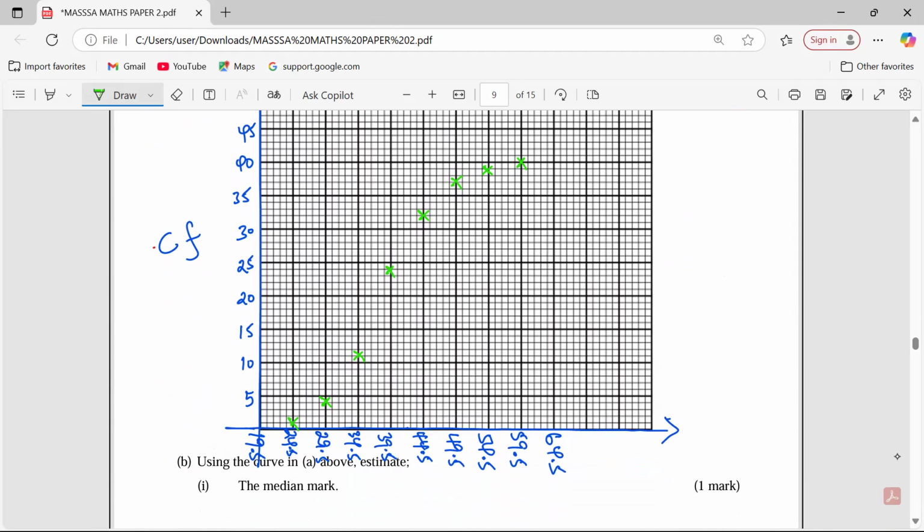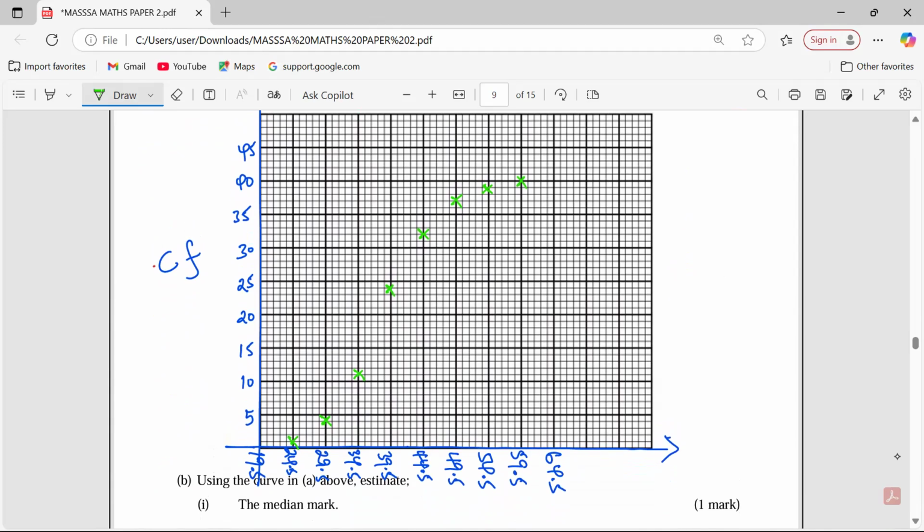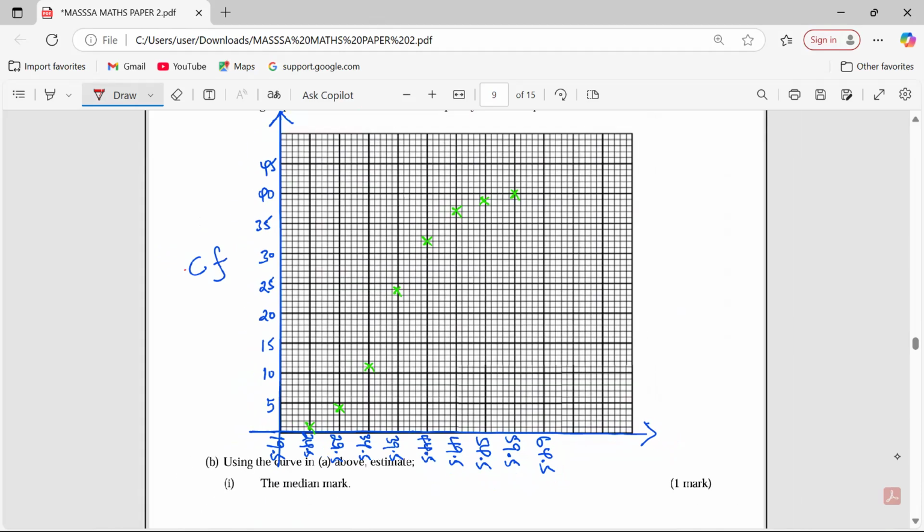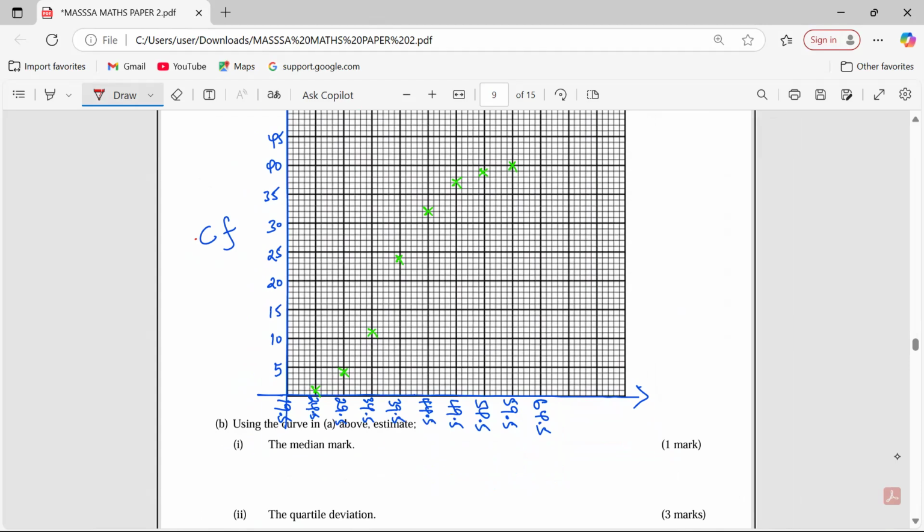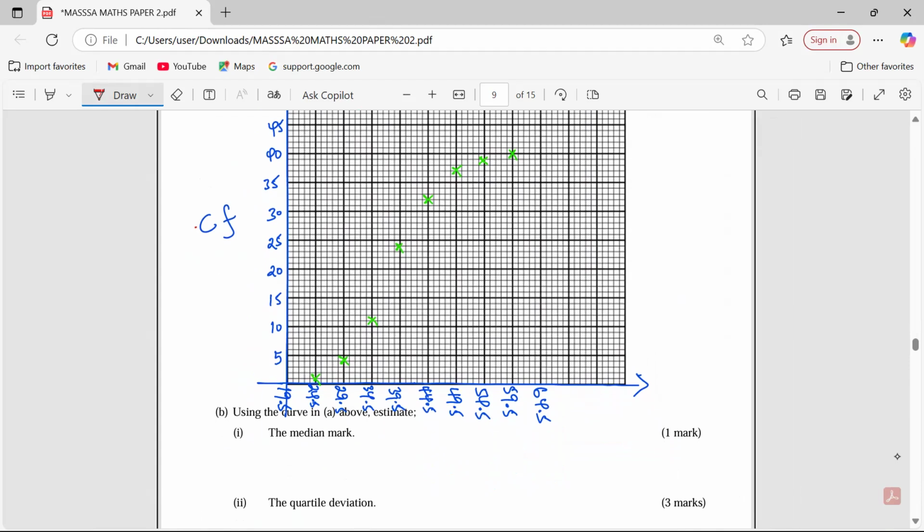So now we're supposed to join these dots. They are already suggesting an OGIVE, which is in the shape of a stretched letter S. Let's see how it will come out. I'm using a different ink now for the OGIVE.